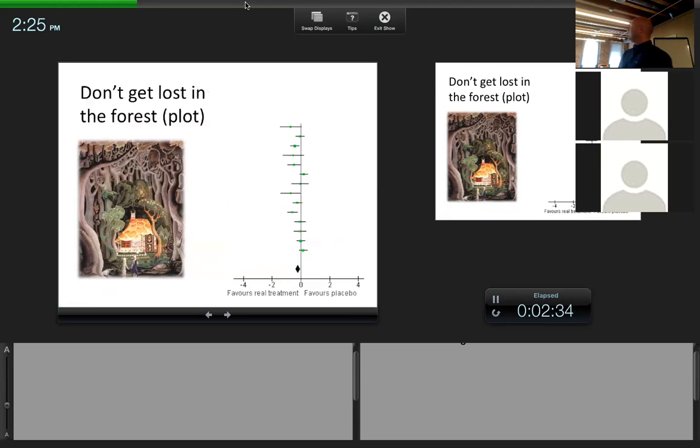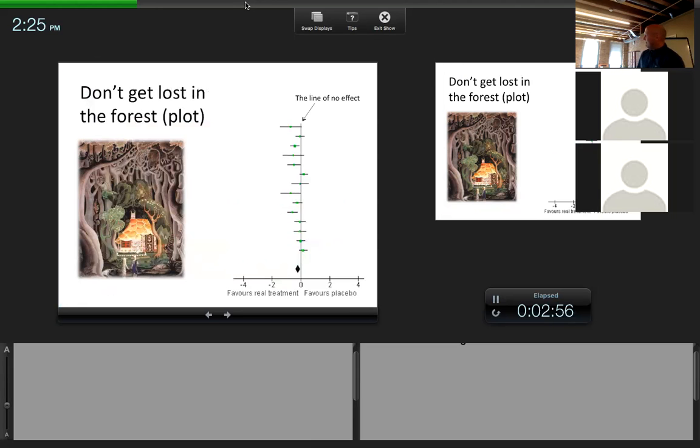Okay. So this is a forest plot, and as I say, they're really easy to understand, right? First of all, we've got the important line in the middle, which is 0 in this instance, but if it was a dichotomous outcome, and we were looking at risk ratio, what would the line of no effect be? It wouldn't be 0, it would be 1. Cool, okay?